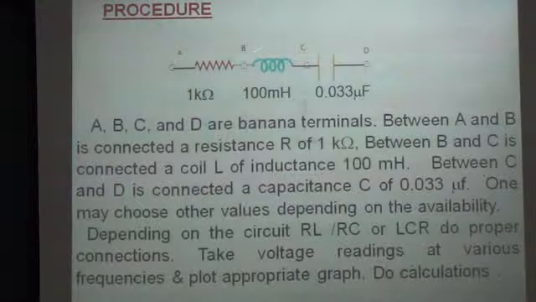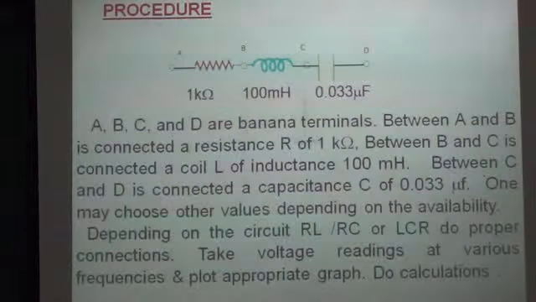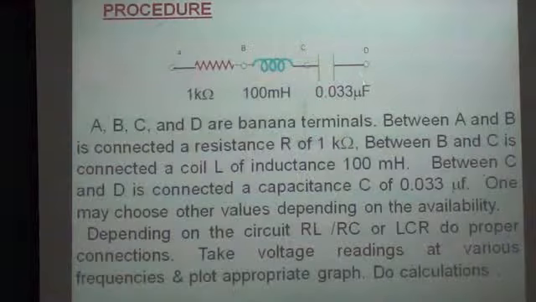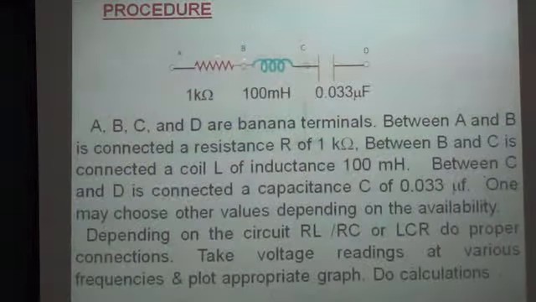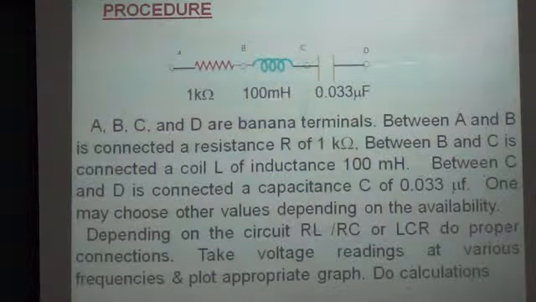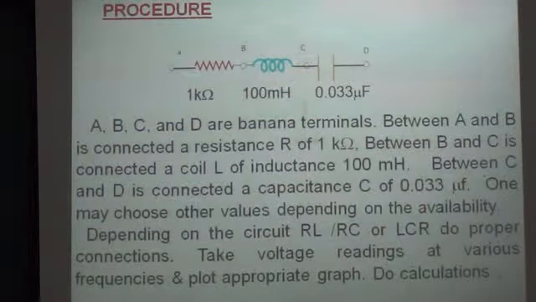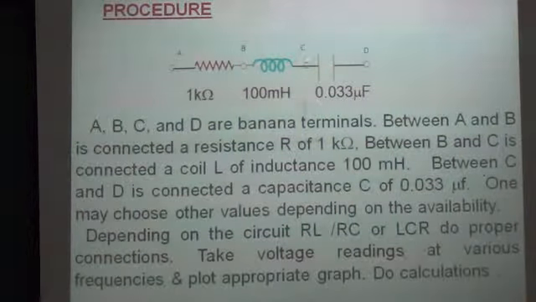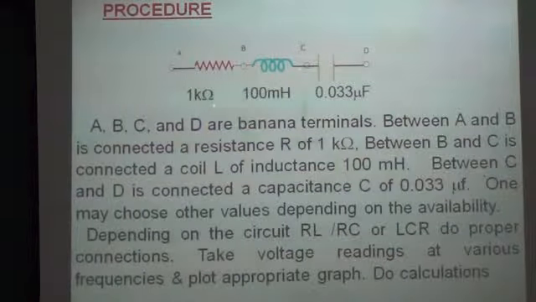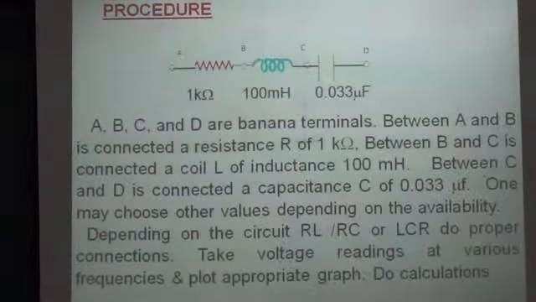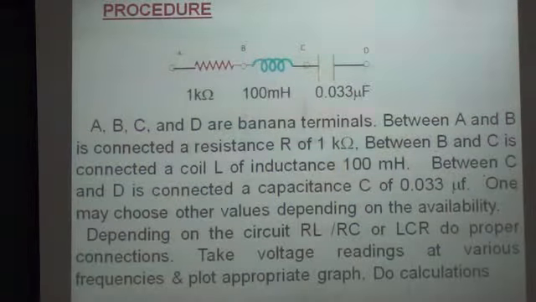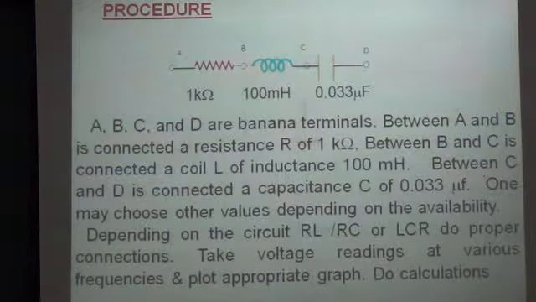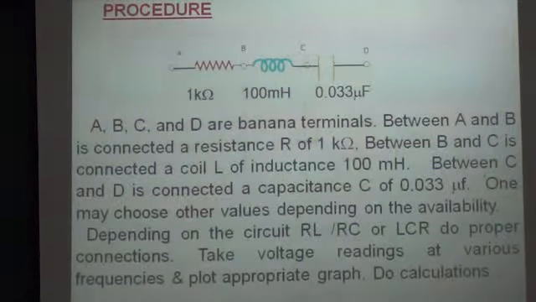If you want R and C, then you short B and C. Short these terminals and then you have RC in series. You remove them, then it is the RLC series resonant circuit. If you want parallel, connect D to B and take C and A as the oscillator. So there is R in series with parallel L and C. So using just a simple box, you can do all your experiments on R, L and C.